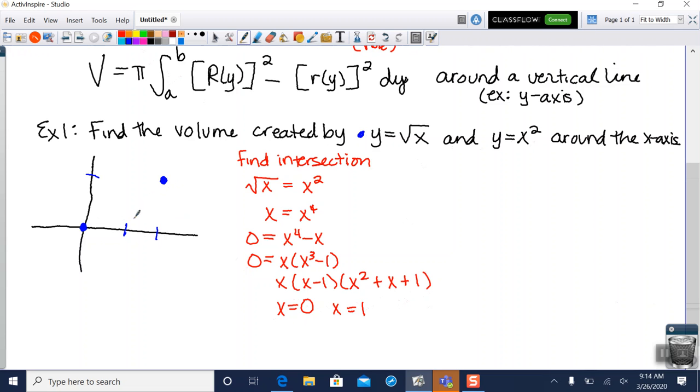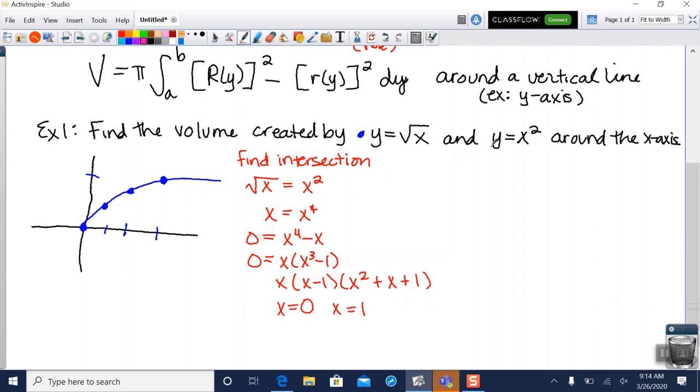That's 0.7. And maybe I'll put in a fourth. Square root of 0.25 is 0.5. So that gives me a pretty good idea that this function kind of looks like this.